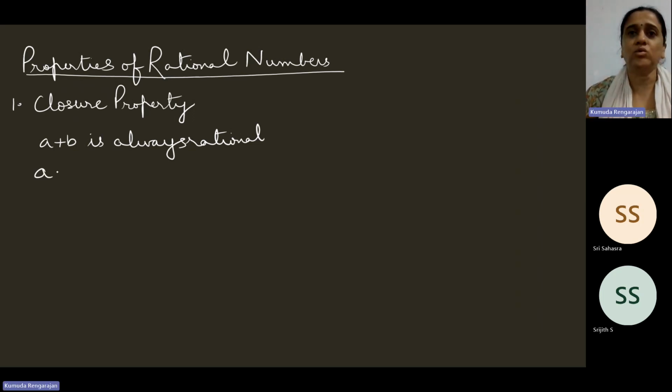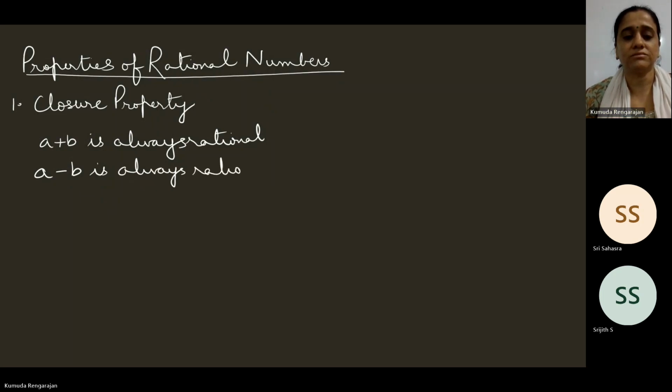Similarly, for any two rational numbers A and B, if you find their difference, the difference of any two rational numbers is always rational. So A minus B is always rational. Again, for any two rational numbers A and B, A into B, the product of A and B, is always rational.